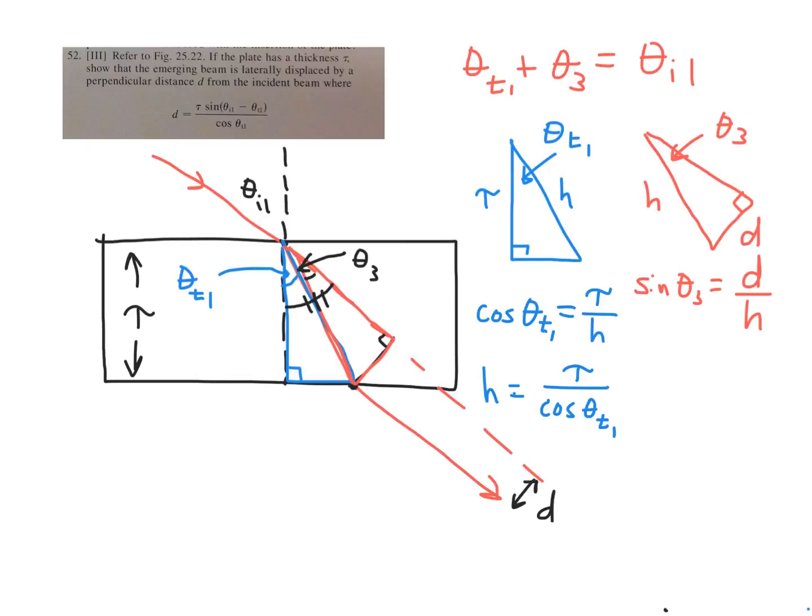And over here, for the red triangle, H equals D over sine theta sub 3. So those two things are equal to each other. In other words, tau over cosine theta T sub 1 equals D over sine theta sub 3.